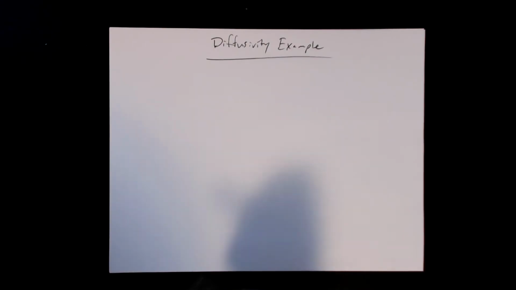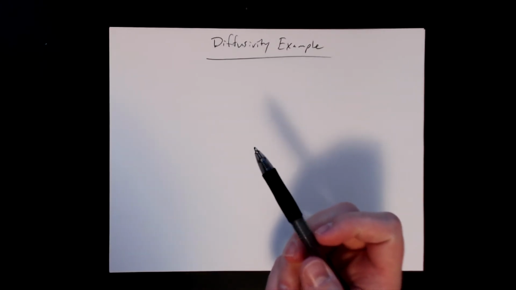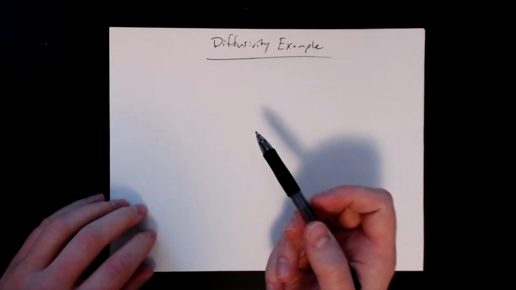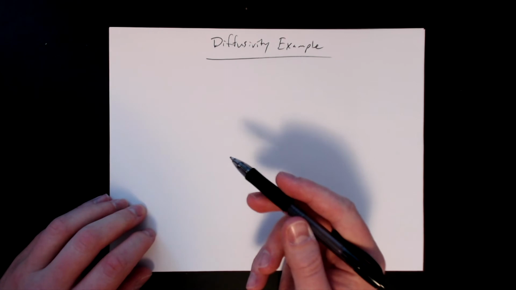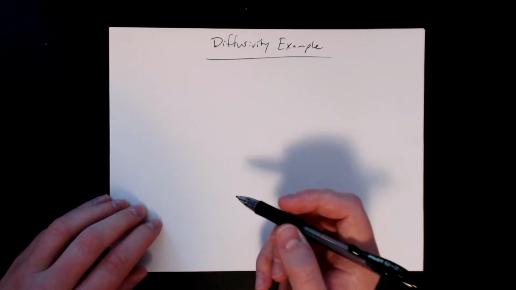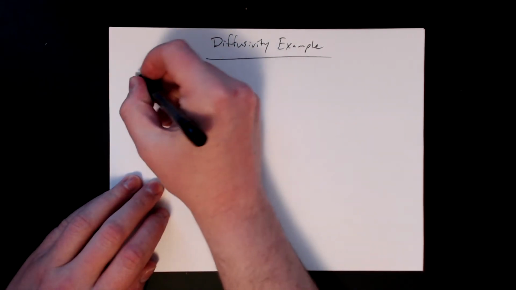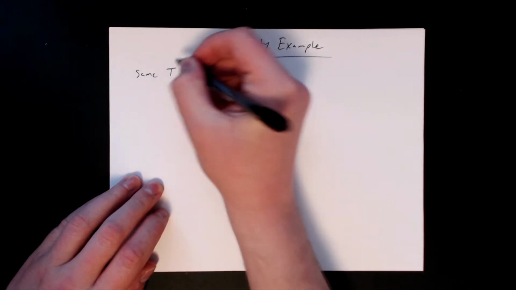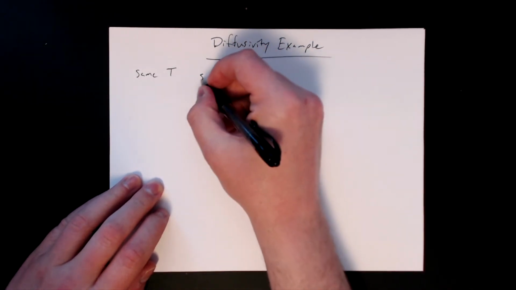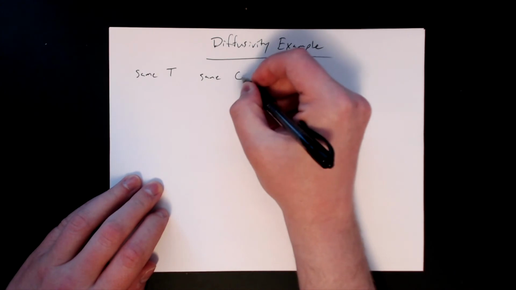All right, so let's look at this second diffusivity example that we're working. And again, this was related to lecture 17, module 5 example. And so it was asking for the same temperature, same concentration.